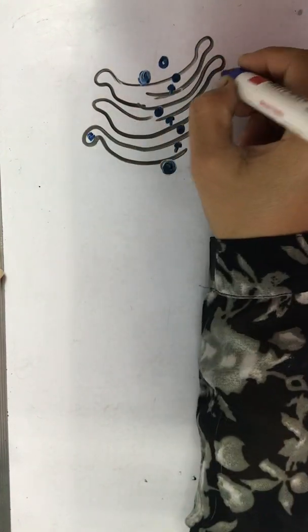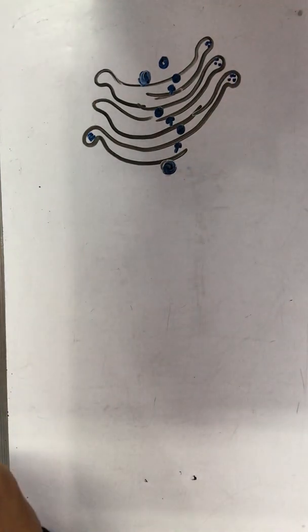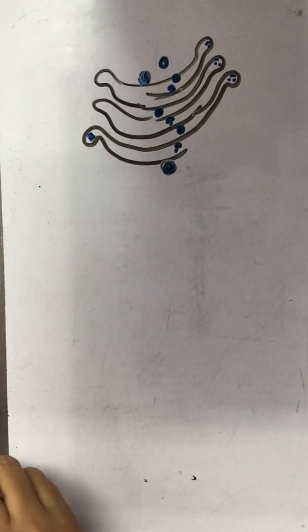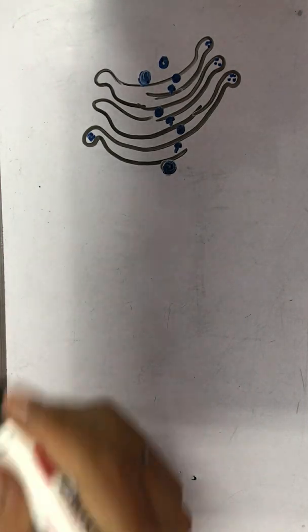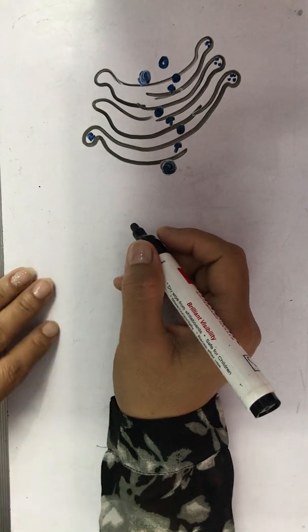Ultimately removed from here. Some of it gets concentrated, which later on acts as lysosomes. Now here the forming phase and a maturing phase.